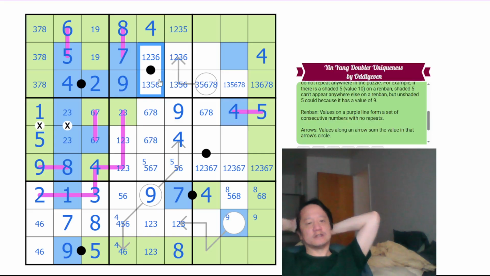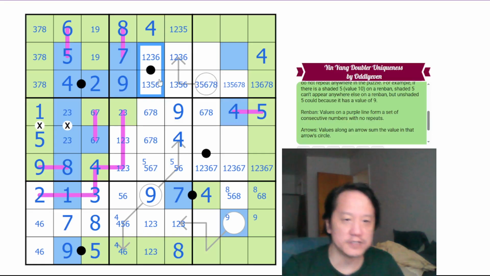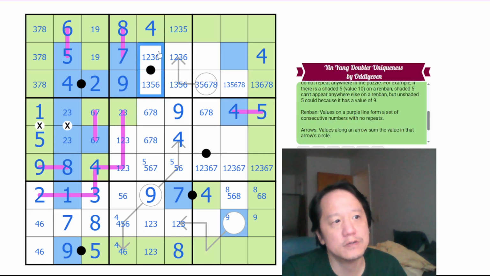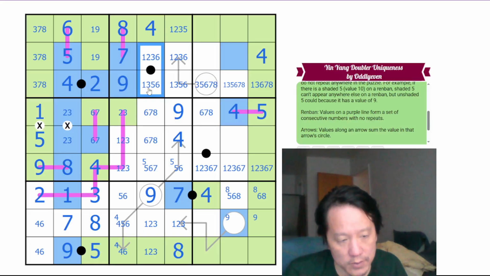If 6 is the large digit here, then it would have to be 12. So one of these is guaranteed to be shaded. Because 5 or 6 has to be the large digit here. And obviously then it would have to be the shaded one. Which means one of these is shaded, one of these is unshaded.